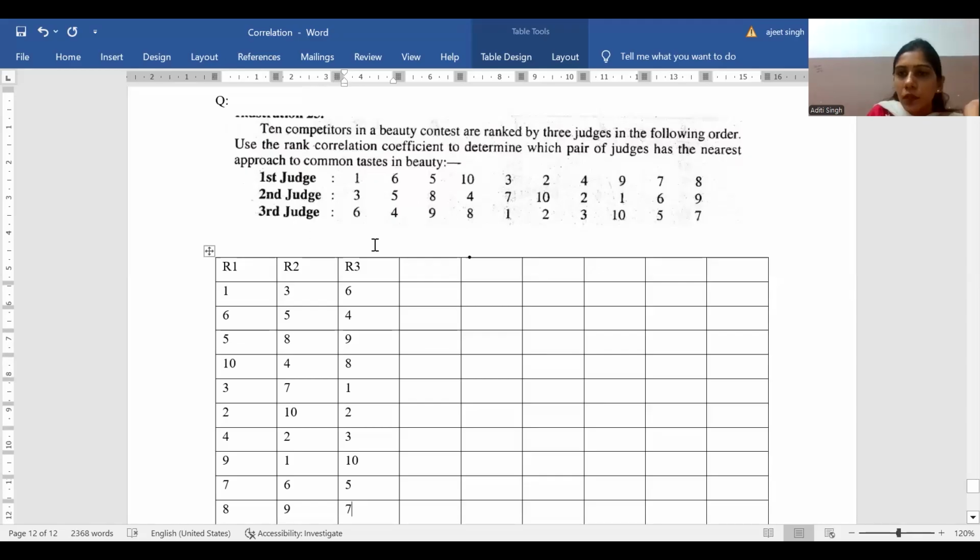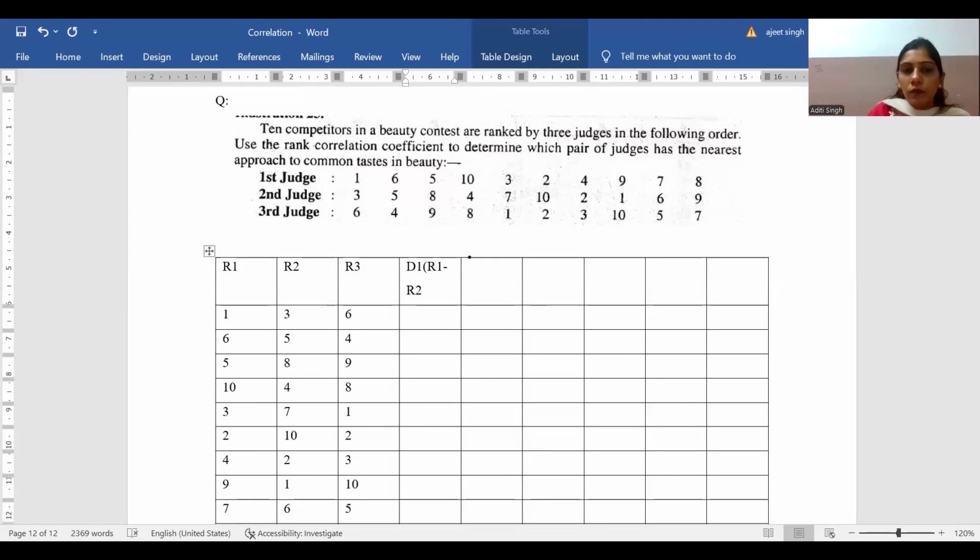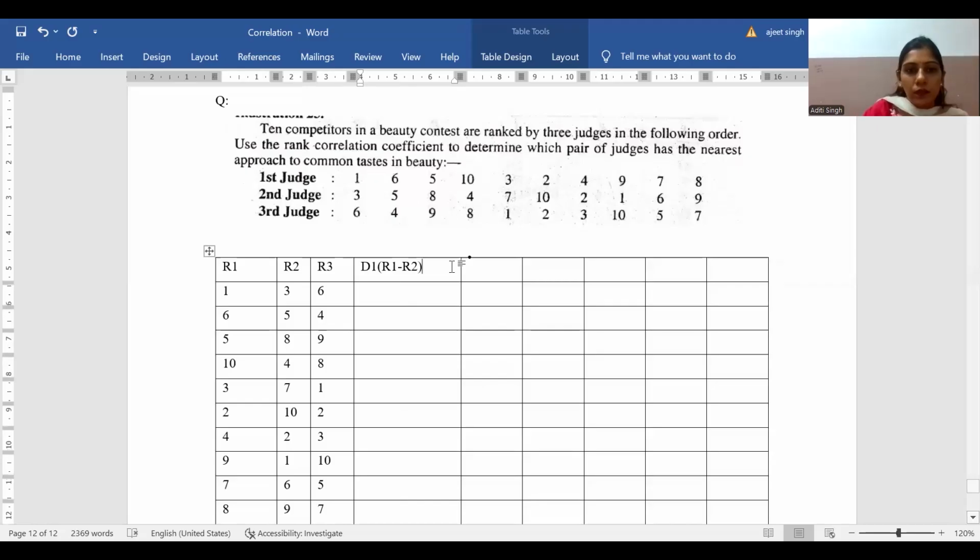So let me write it here. D1 is basically R1 minus R2. Okay, this is D1.